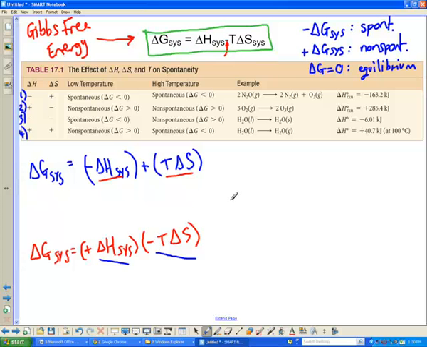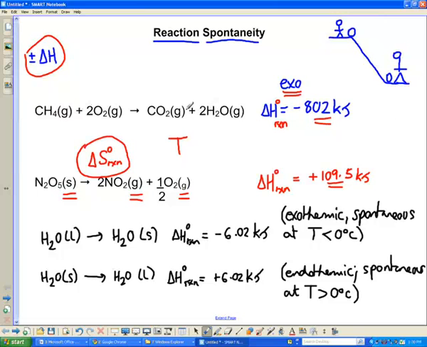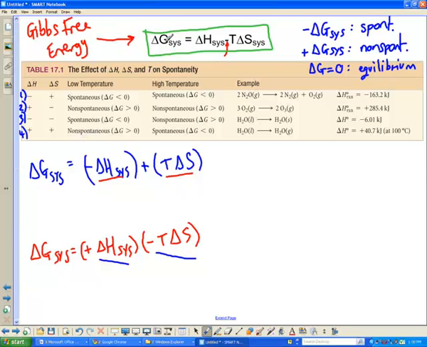If we were asked to calculate the free energy change for, for example, this reaction here using the appendix, all we'd say is, if I'm looking for my free energy change, then it's going to be equal to the free energy of my products, because remember, change is always products minus reactants, minus the free energy of my reactants.